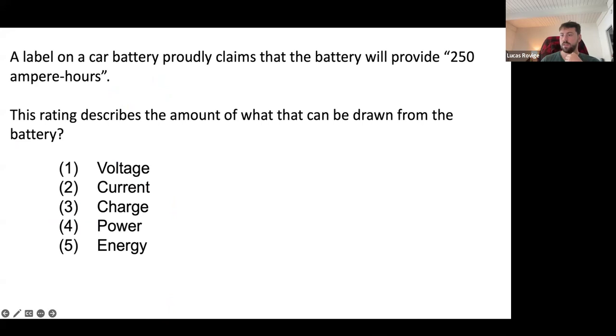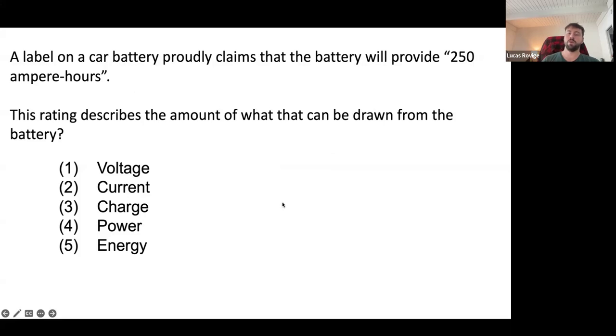Okay, let's do this little poll. So typically on those kinds of batteries, for instance in cars, they give a measurement that's something like 250 ampere hours.